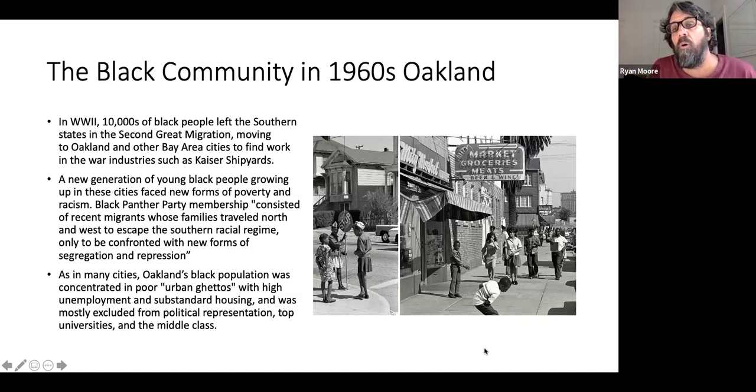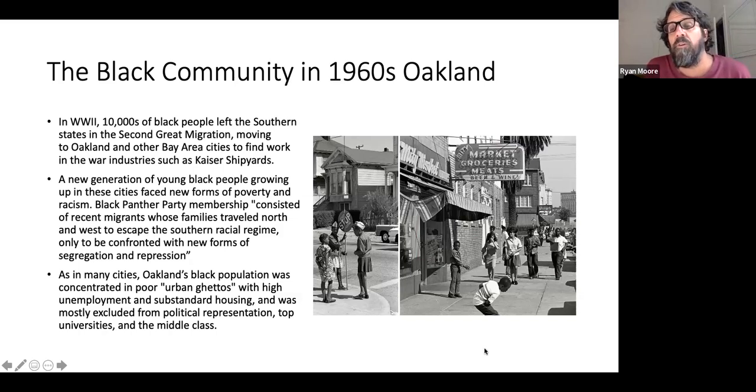And the hope was that there would be more opportunity and things would be better and less racist. And then they come to Oakland and Los Angeles and these places only to find very comparable systems of institutionalized racism in housing and education and healthcare, and that there are these racist police forces that are enacting violence on the Black communities on a daily basis.